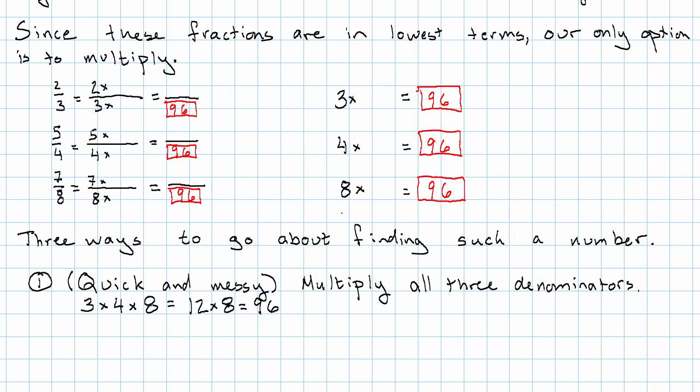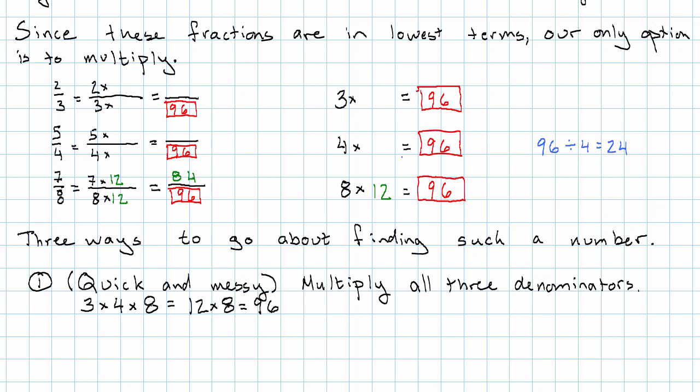Let's see. 96 is 8 times 12. If we're going to multiply 8 times 12, we need to multiply 7 times 12. So we get 84.